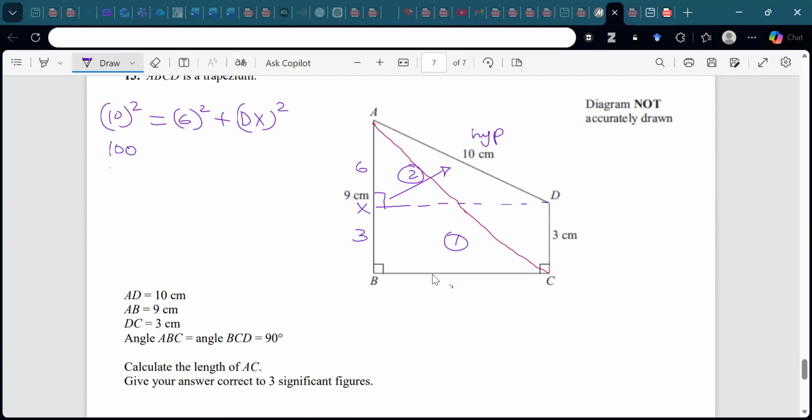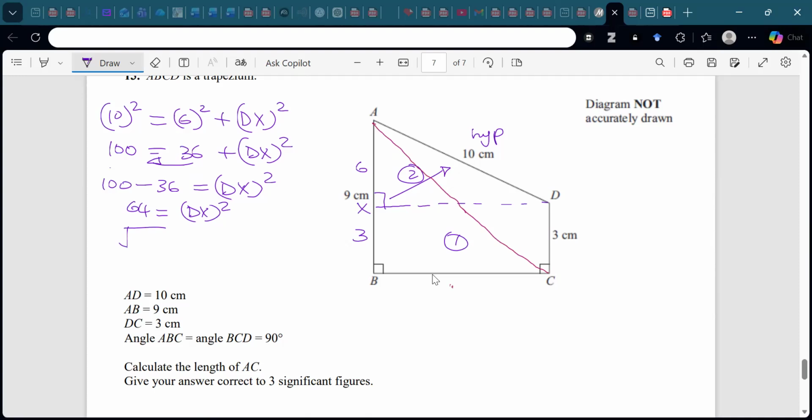100 is equal to 36, sorry, plus DX squared. So 100 minus 36 is equal to DX squared, right? So this is going to give us 64 equals DX all squared.